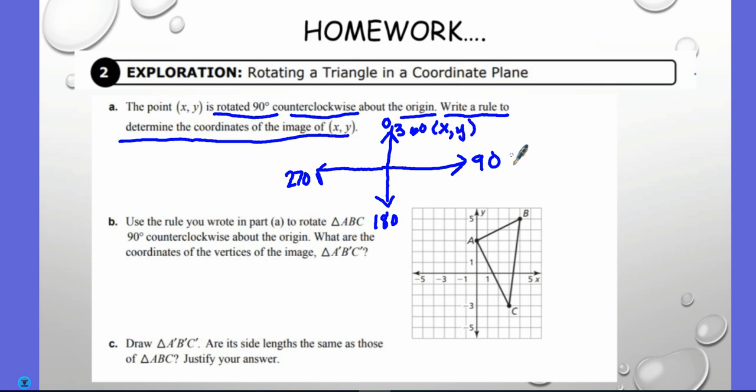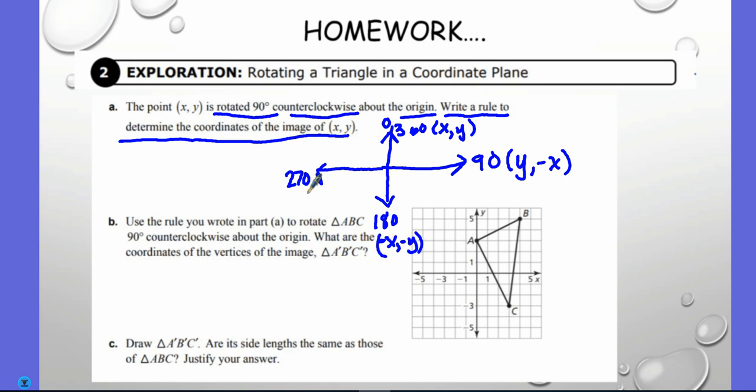And then when you rotate it to the right, you get (y, negative x). The x is opposite. Then here, you keep the coordinates the same, except you change their signs.